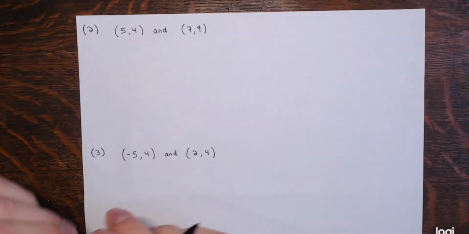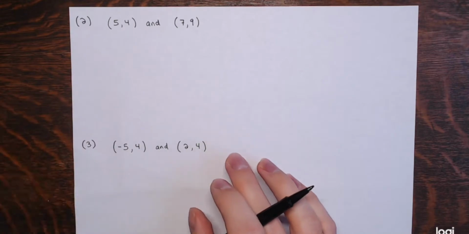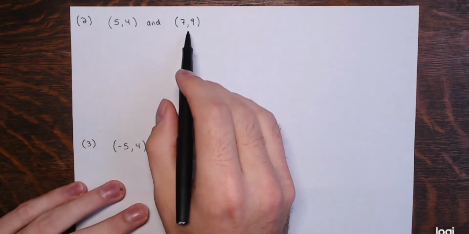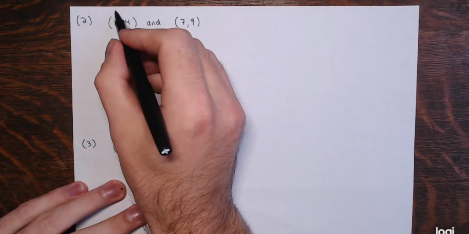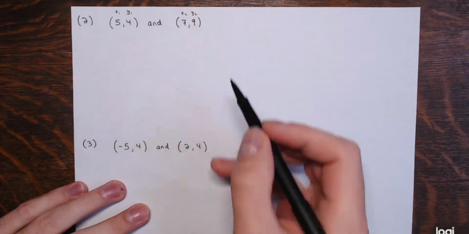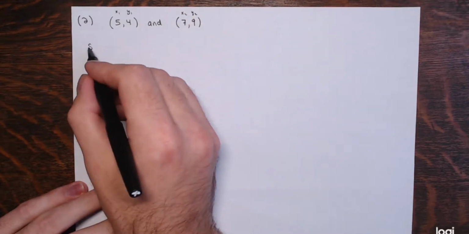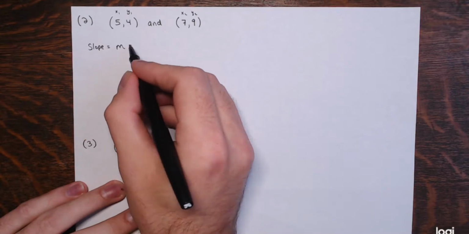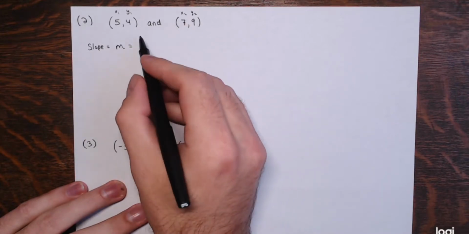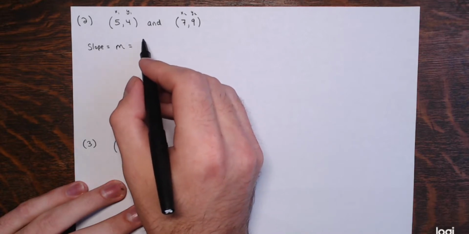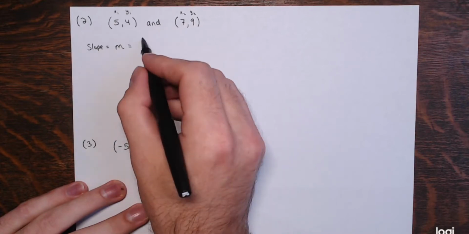All right, example 2, given another 2 points here, (5, 4) and (7, 9). So again, you can label these (x1, y1) and (x2, y2), and then the slope of the line with these points on it, lowercase m again, is the change in y, that's the rise, the vertical change. So I'm going to do 9 minus 4.